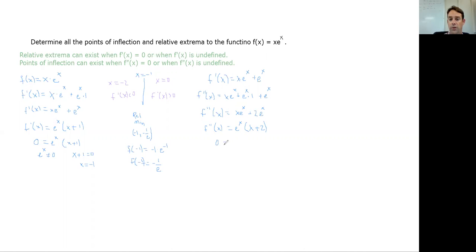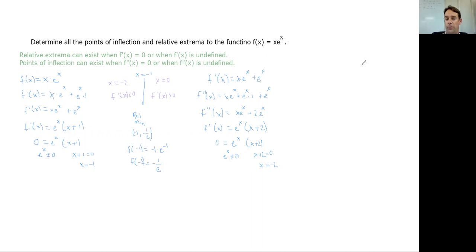Set it equal to 0. And again, e to the x is always a positive value no matter what I plug in for x, so this will never be equal to 0. But x plus 2 does give me a critical number, and that would be at -2.